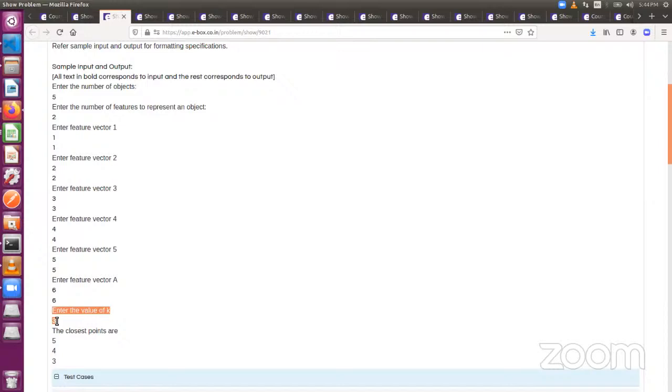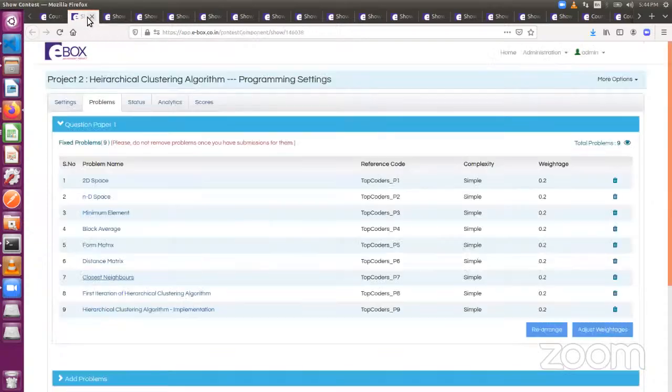The k value is 3. So you have to find the 3 nearest neighbors, the 3 closest points. How to find the 3 closest points: from the distance matrix, you're going to find the smallest 3 values.